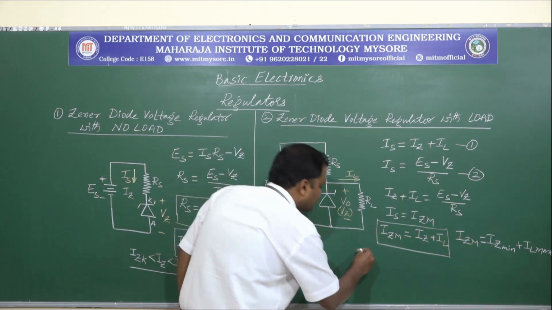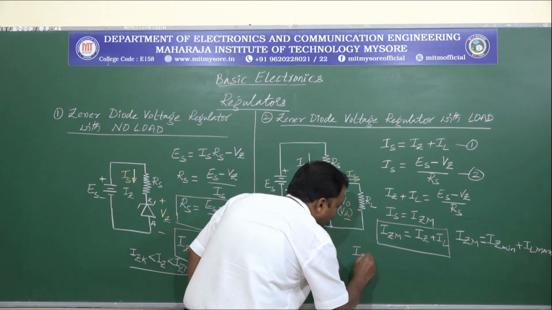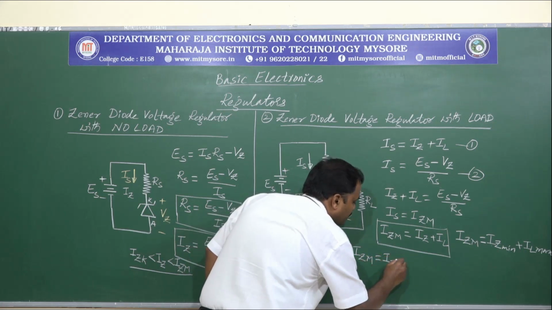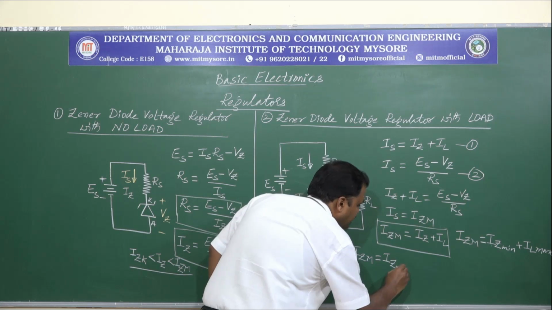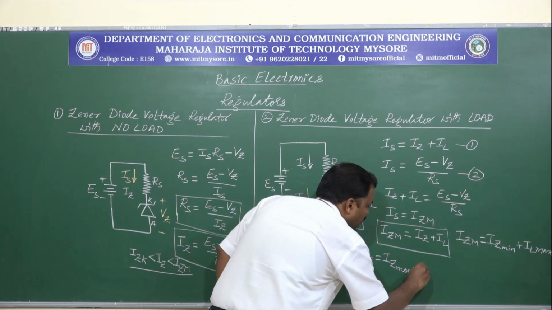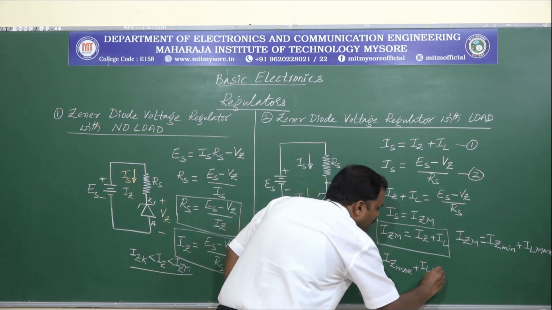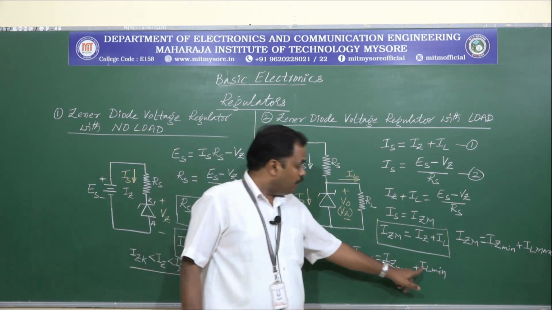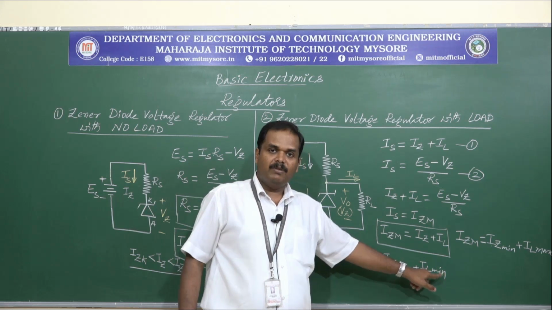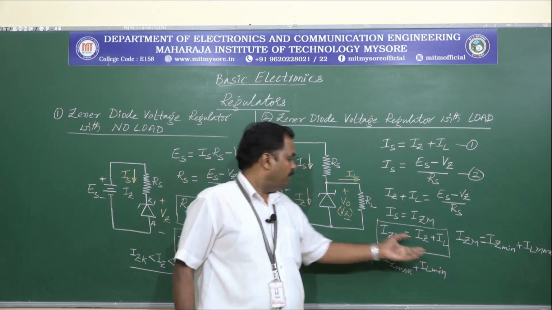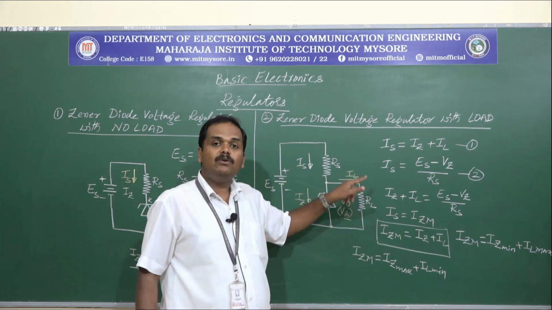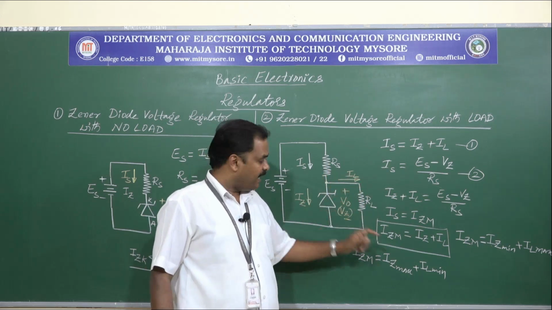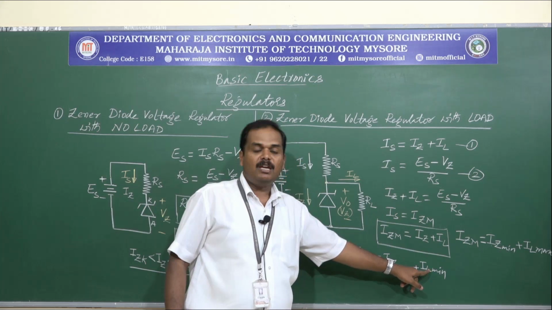And the other case is IZM can also be written as IZ max plus IL min. So when the load current is going to be minimum, if RL value is selected as the maximum value allowed, then the load current is going to be minimum.